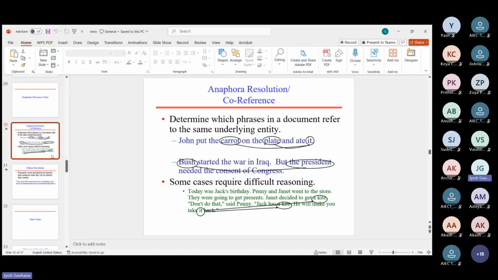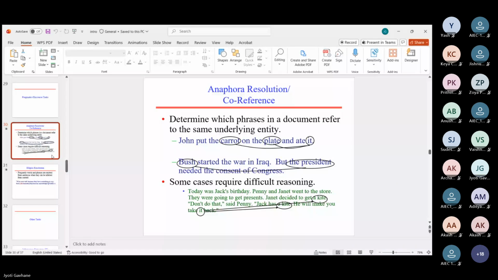So how are you going to interpret it, right? It does matter in the anaphora resolution. Now, Bush started the war in Iraq, but the president needed the consent of Congress.